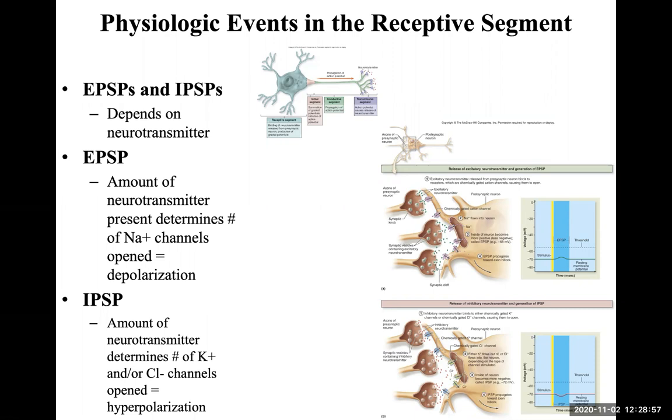Also, as I mentioned, the specific neurotransmitter that causes either EPSPs or IPSPs is totally dependent. It's kind of a context-dependent situation, so that's not something you need to know. It's dependent on the effect that that particular neurotransmitter has on that particular neuron, whether you're talking about a sensory or afferent neuron versus a motor or efferent neuron.